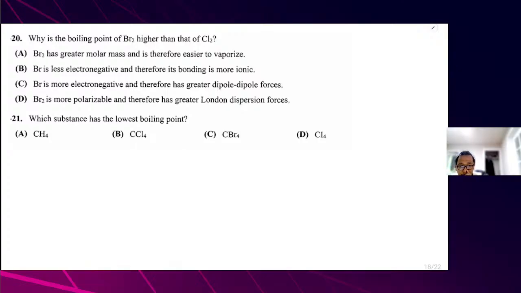We need to look at the information in the periodic table.